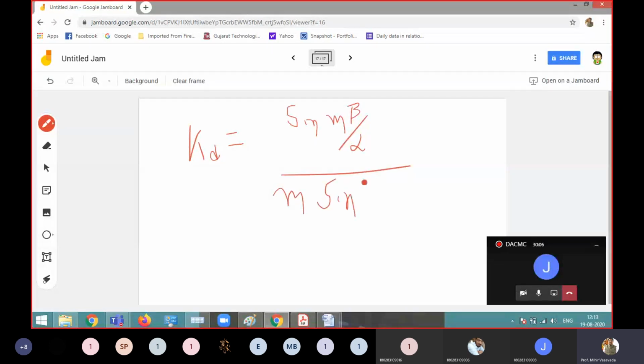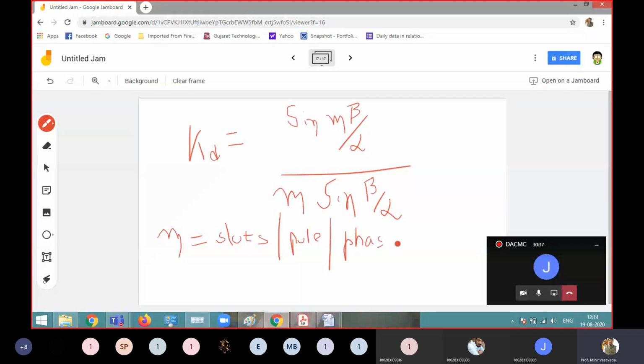Where beta is what? What is m and what is beta? Let me know. Your m is the number of slots per pole per phase. Keep writing along.